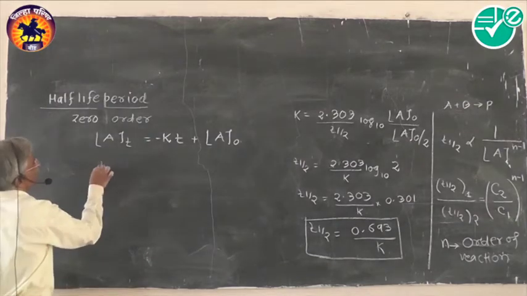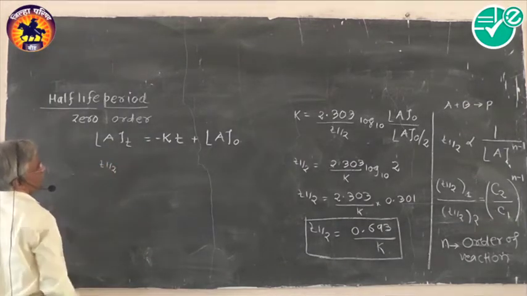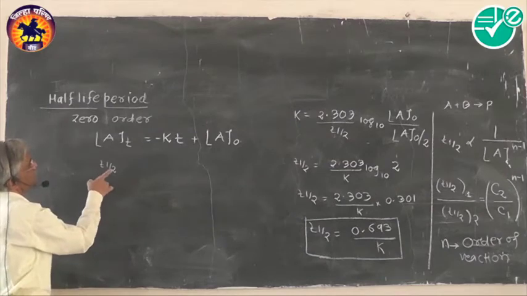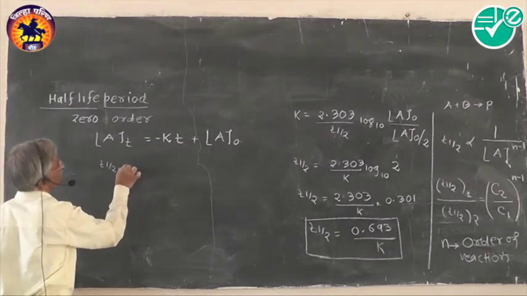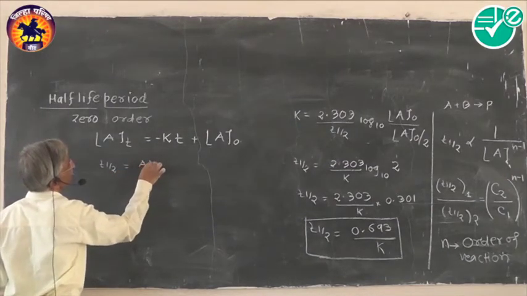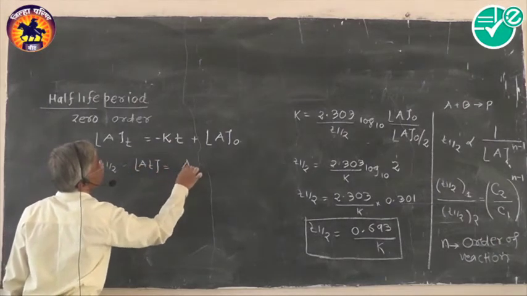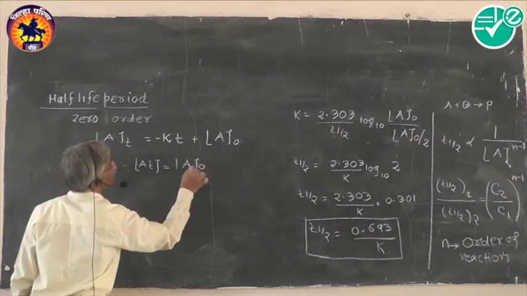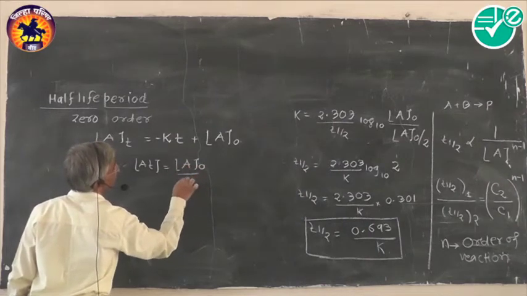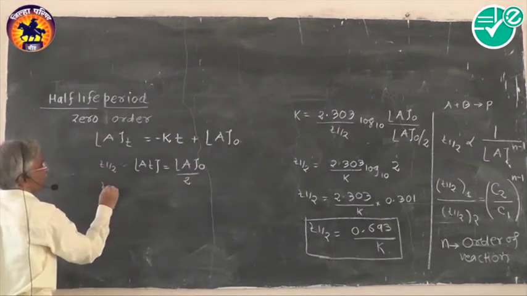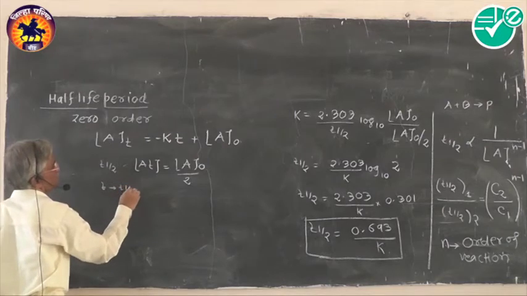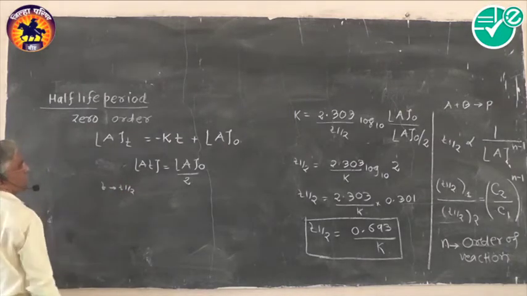Now again, for half-life period, as we have already studied, at t half, at this condition, the concentration At will become initial concentration divided by 2, and the time will become t1/2.